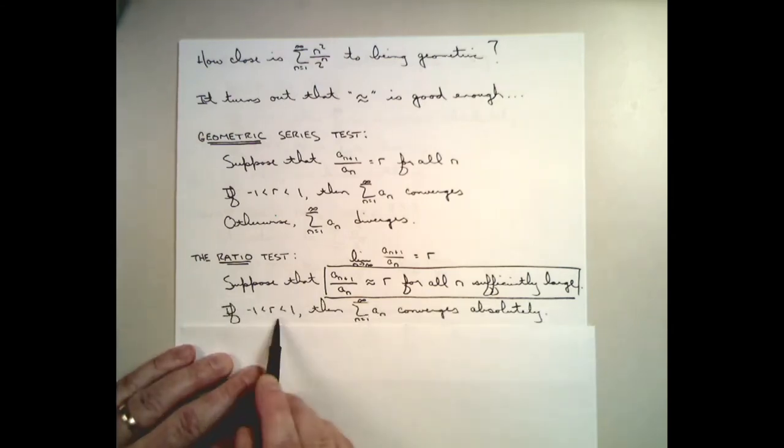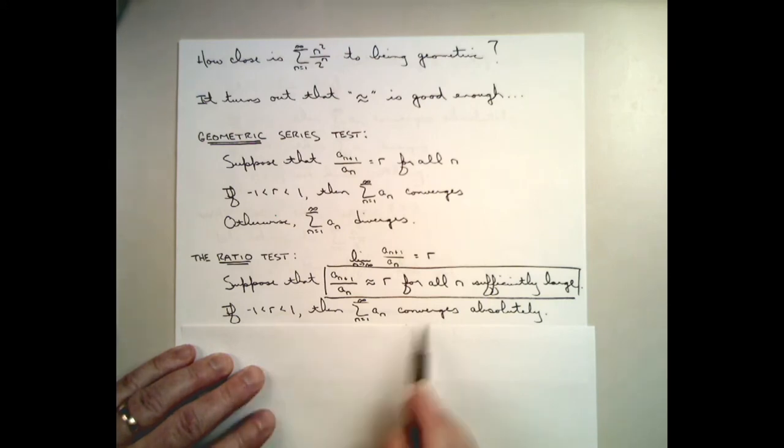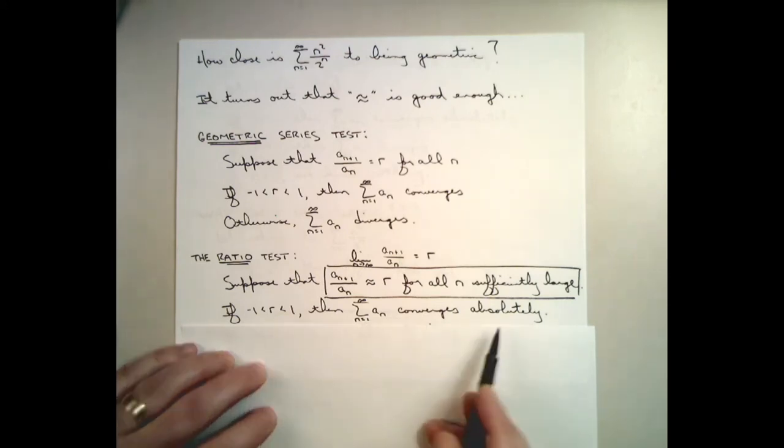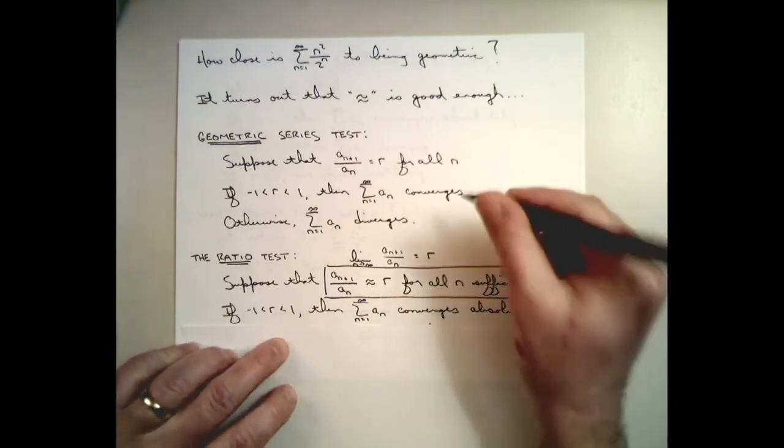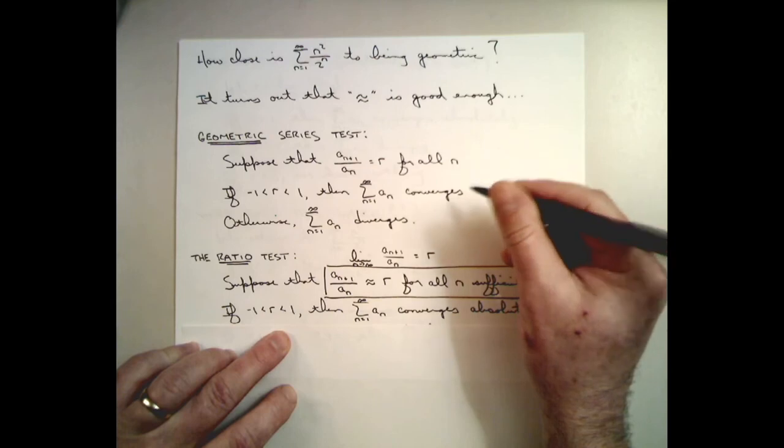If r is between -1 and 1, then this series converges absolutely. We could have actually said that up here as well, right? We noted that whenever we did the example on the other page.